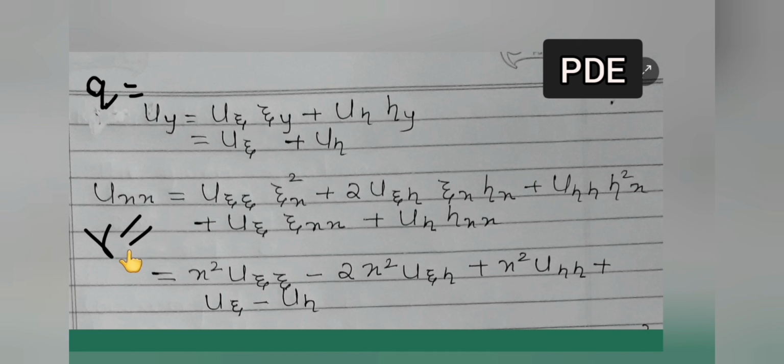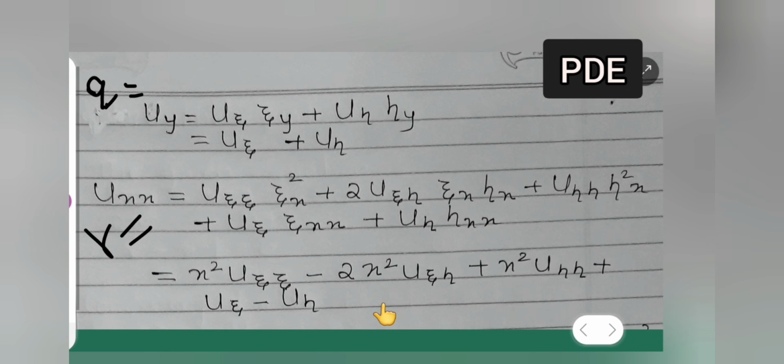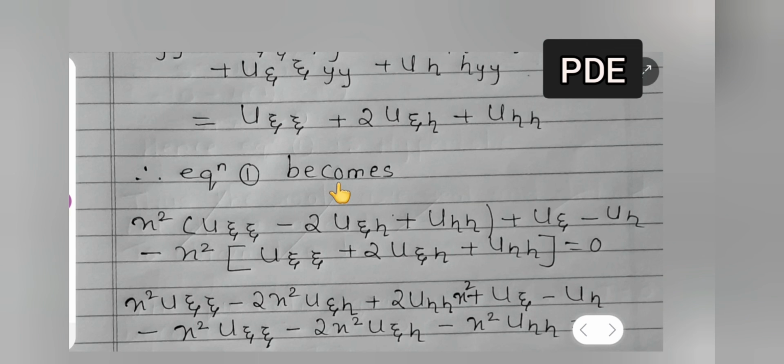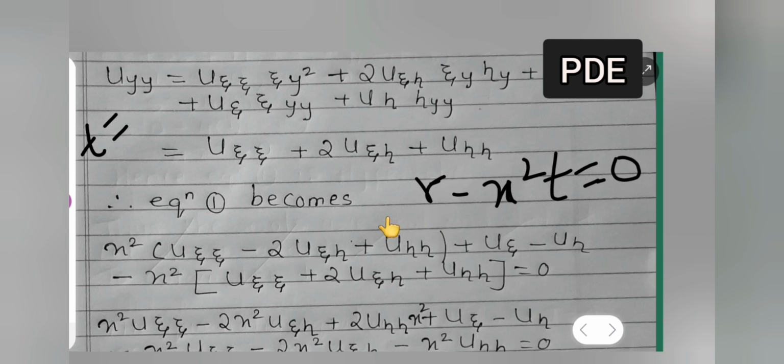So the value of R, what I got? Here x square is common, so I will take it outside and write the remaining part as it is, plus u_xi minus u_eta.